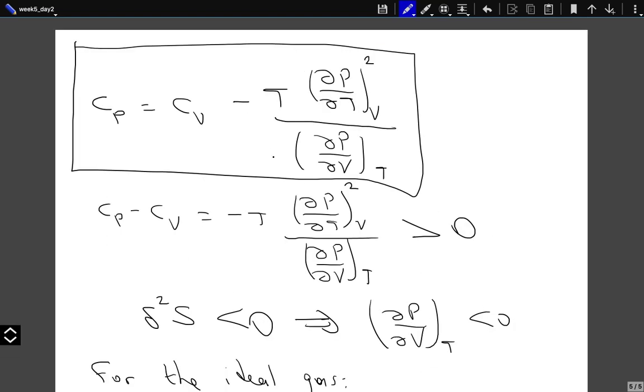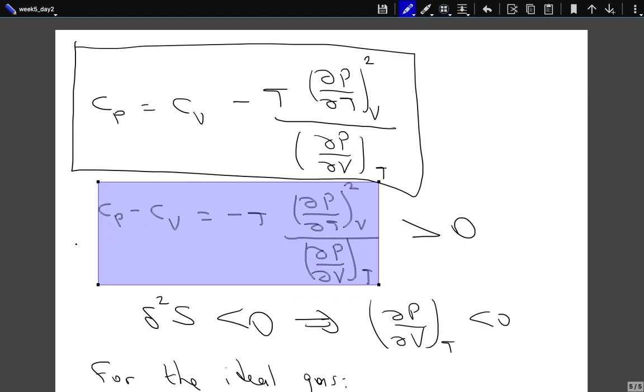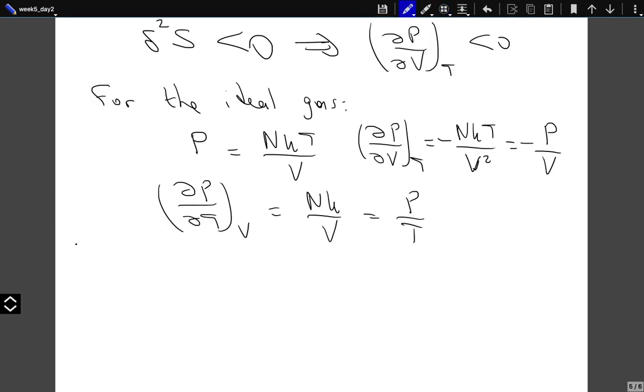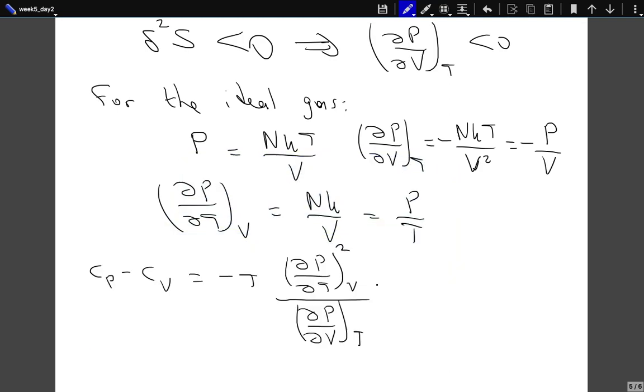So let's go back. This is our Cp minus Cv, which is equal to minus T times the derivative of P with respect to T squared, which is P squared over T squared, divided by the derivative of pressure with respect to volume, which is minus P over V. Well, one of the temperatures cancels, one of the pressures cancels, and the minus signs cancel.